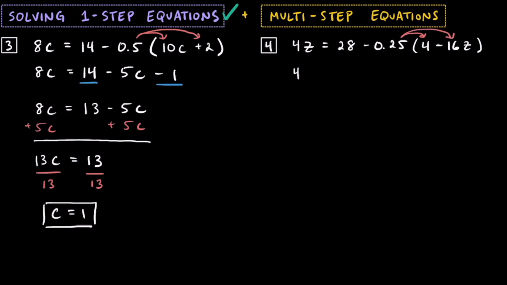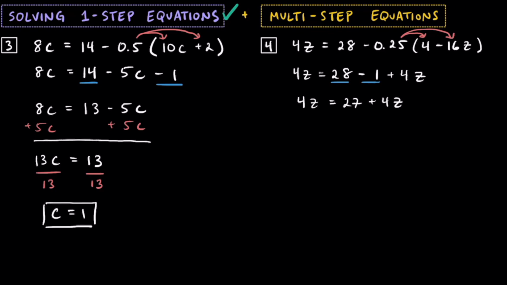So we're going to get 4z is equal to 28 minus a quarter of 4, which is just 1, and then a quarter of 16 is going to be positive 4 because it's a negative negative, so that's a positive. Okay, we have some like terms here, so it looks like we can do 28 minus 1, that's going to be 27, so we have 4z is equal to 27 plus 4z.